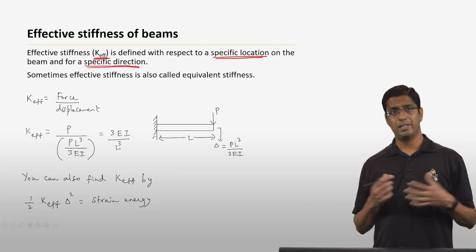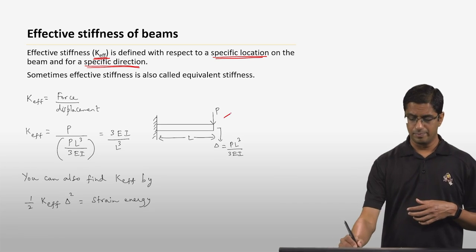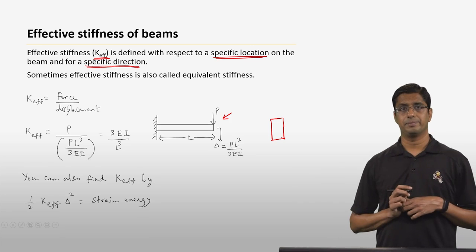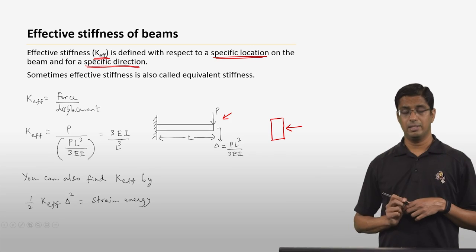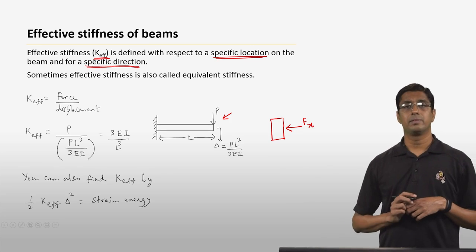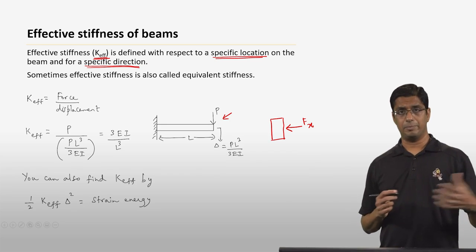A simple way to think about this is, suppose you have a cantilever beam like this, and let's say the cantilever has a rectangular cross section. If you apply a force on this cantilever in this direction, say Fx, then the cantilever will deform by a certain amount.